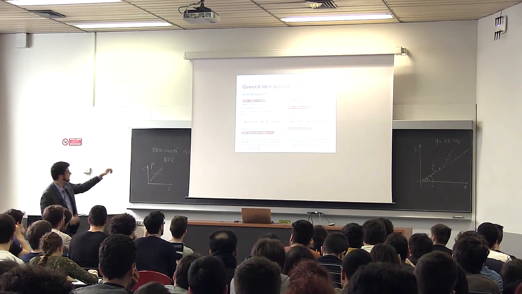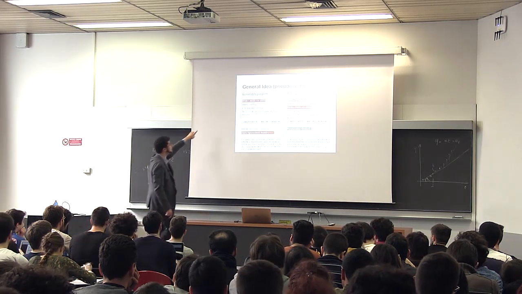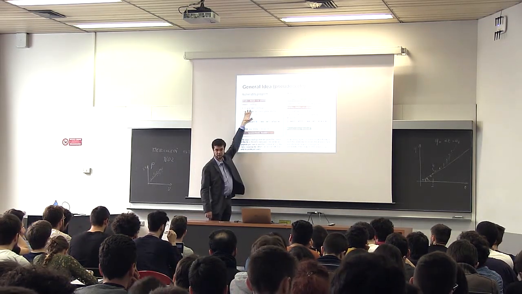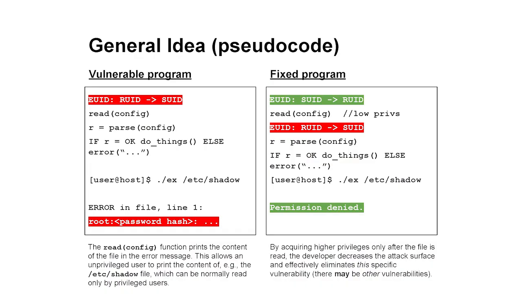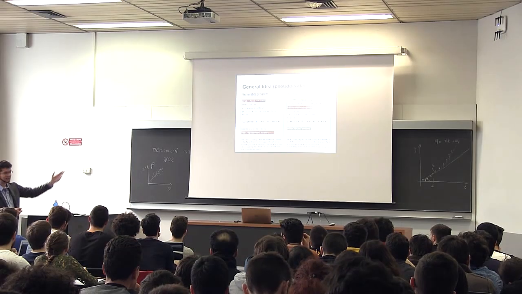What's going to happen there? What's going to happen is that it is going to be able to actually read it, because it has the root privileges. It will process this file, which is not its configuration file. It's something else. And it will say, whoops, nope, this is not my configuration file, and print out an error. Something like that.